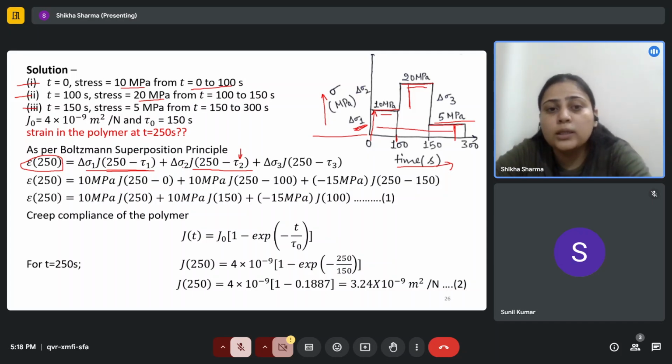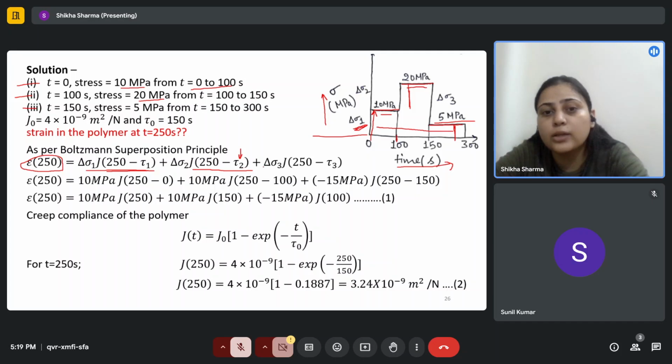In the second case, tau 2 will be 100, because sigma 2, which is 20 megapascal, is applied from 100 seconds to 150 seconds. So 100 will be the base value.